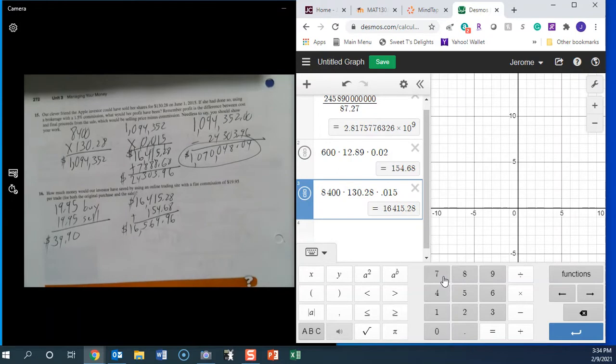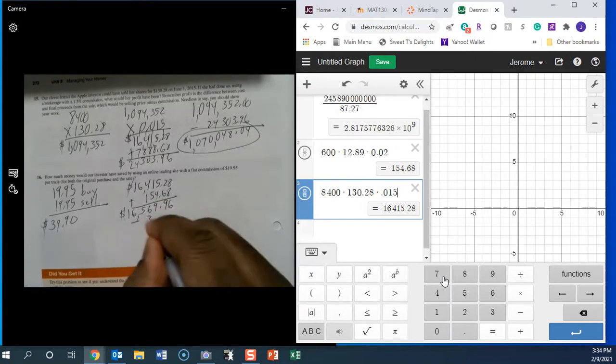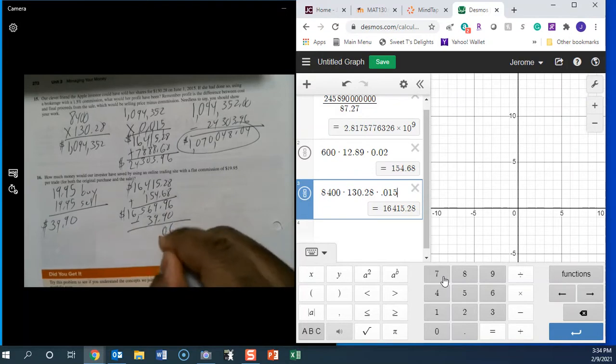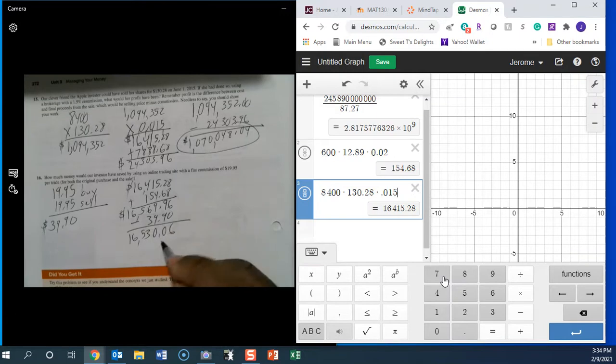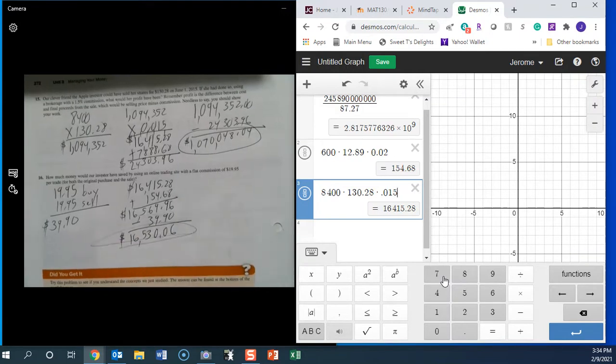So we got $16,569.96. Now to find out how much we would have saved, we got to subtract that $39.90 from it. So you would have saved $16,530.06 if you would have done it with an online broker. So that is a big difference.